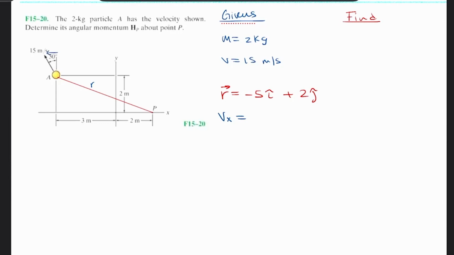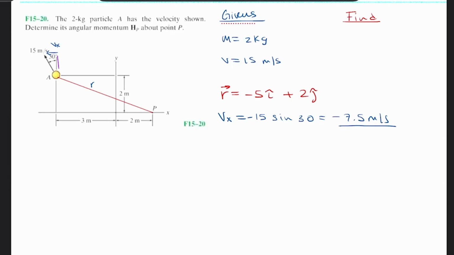So Vx equals negative 15 sine of 30, because it's acting in the negative x direction. So this equals negative 7.5 meters per second. That's the component in the x direction.